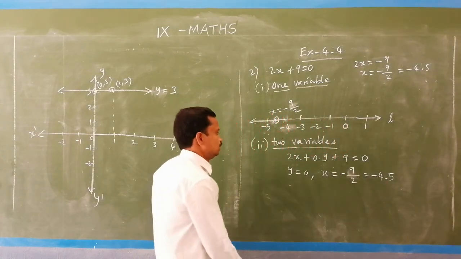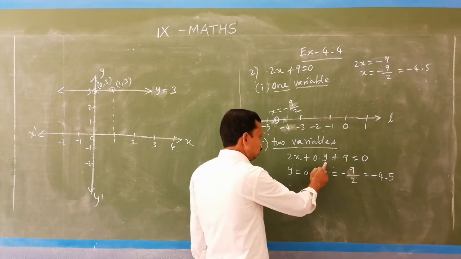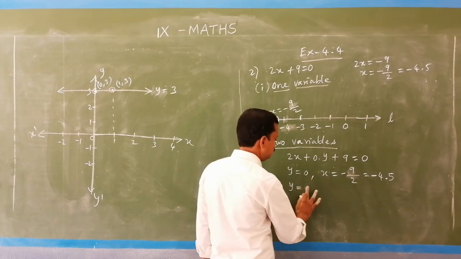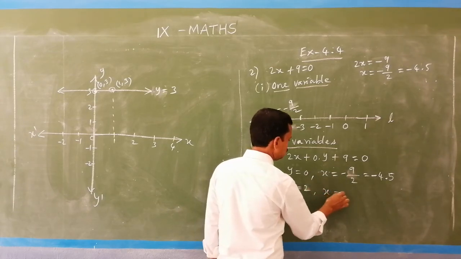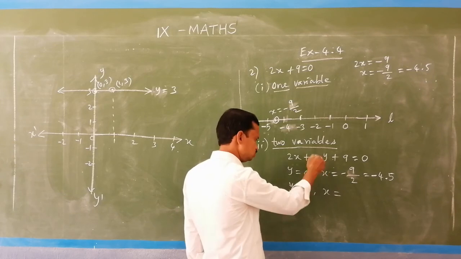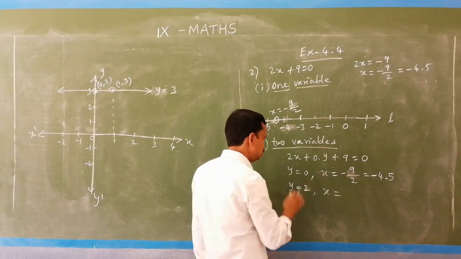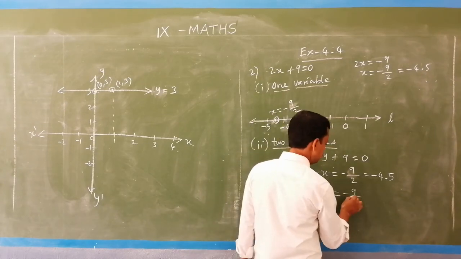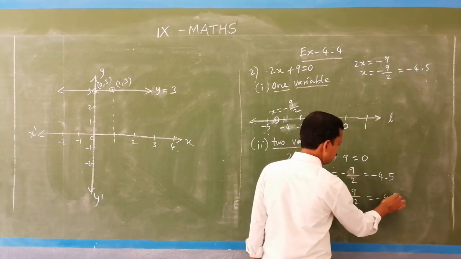If again y is 2, what happens? x equal to, if you put 2, 0 into 2 that is 0, then again only 2x plus 9 will come, and the value becomes minus 9 by 2, that is minus 4.5.